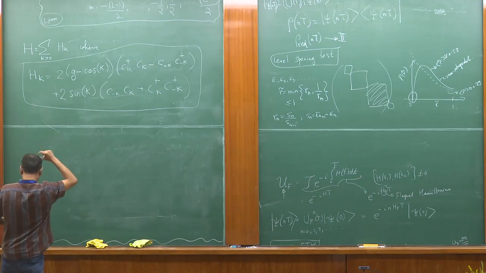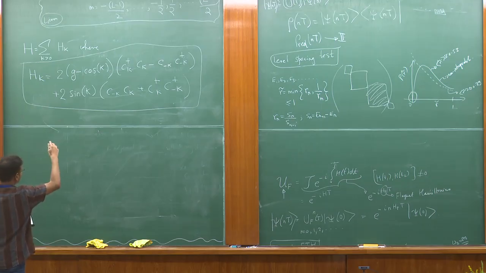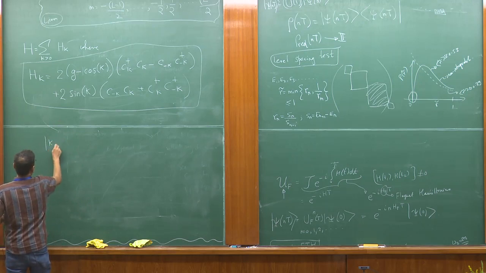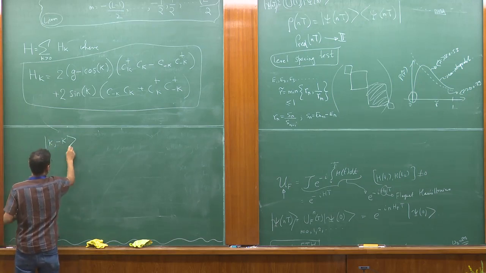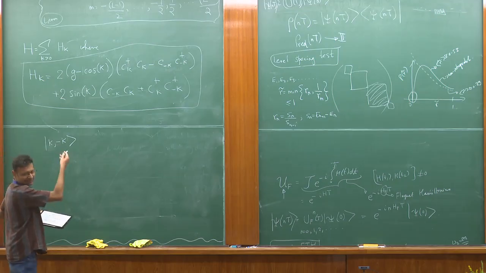So since NF is even, here comes the key point. Either you look at states where k and minus k are occupied together, or k and minus k are both unoccupied, right? Because there's even parity.